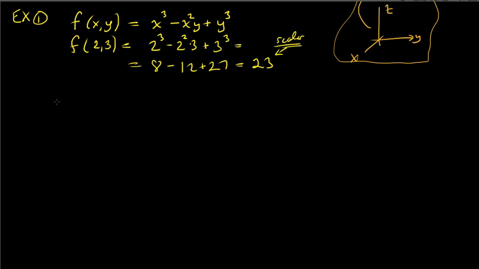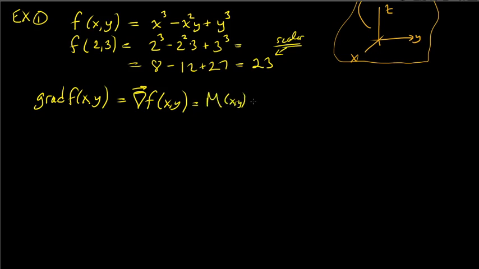However, if you take the gradient of this function, remember, it is a vector. Oops, I forgot the f here. It's the gradient, or del, of f. And remember what it is. It's a vector whose m component is a function of x and y, and n component is a function of x and y. They are the partial derivatives.